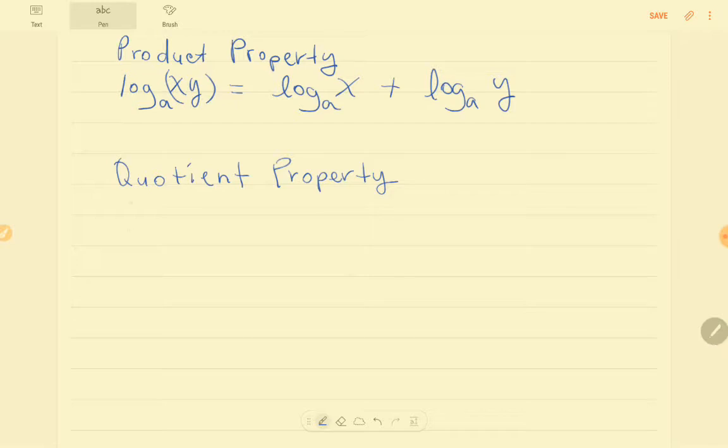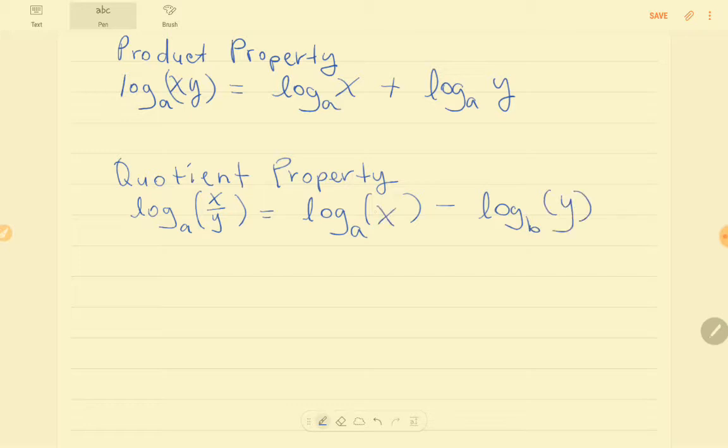So our quotient property is that the log of some base with an argument that is the quotient of two numbers, x and y, can be rewritten as two separate logs. This time we're subtracting them though.